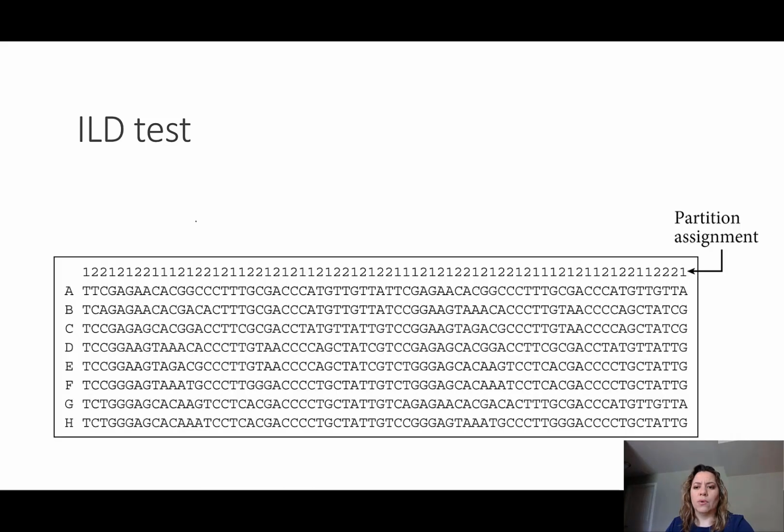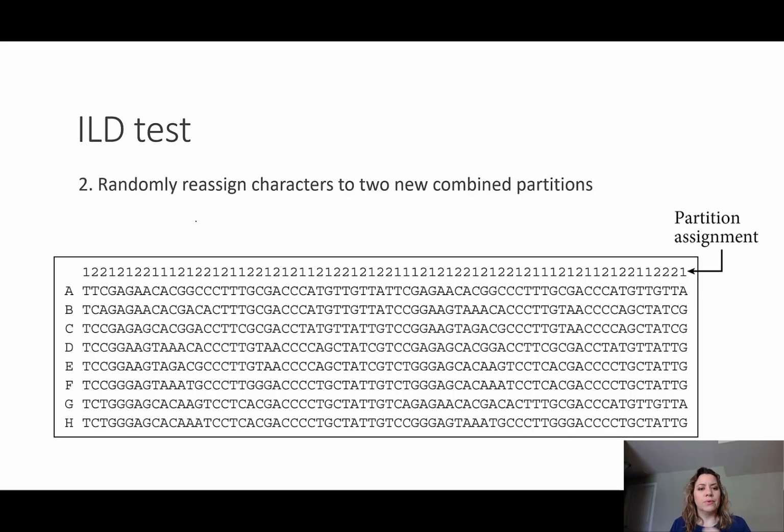All right. What we're going to do next in the ILD test, and the program does this for you, is it creates a random partition. And what you will notice on this slide is that you've got at the very top a partition assignment. So what the program does is it takes your data and it creates a random partition. This is step 2. It randomly reassigns your characters from the two partitions separately into one combined partition.